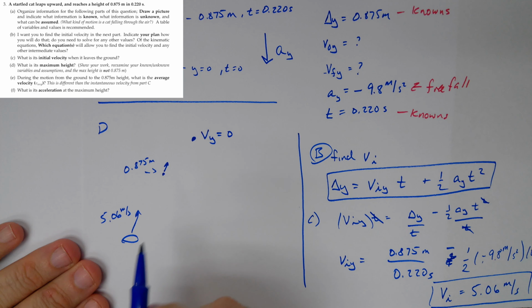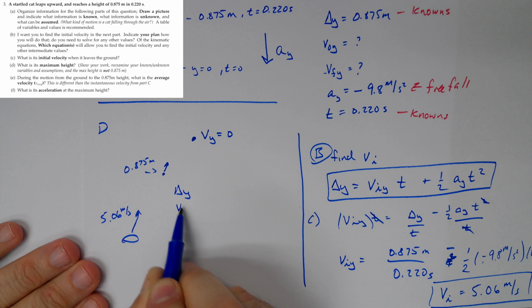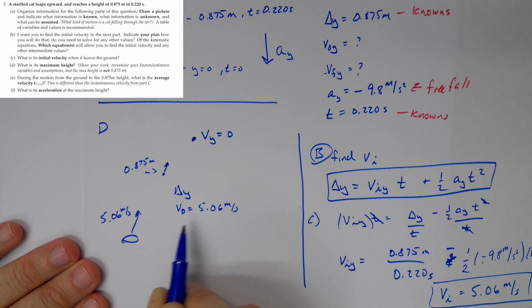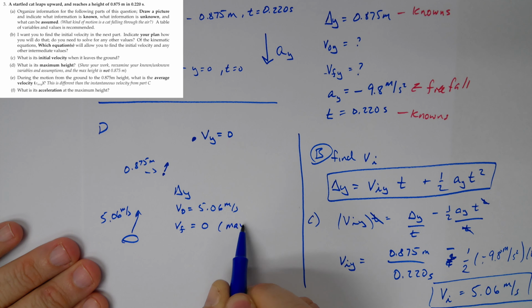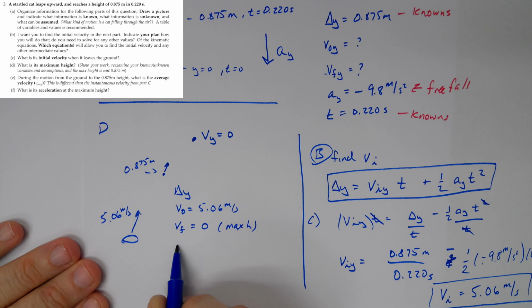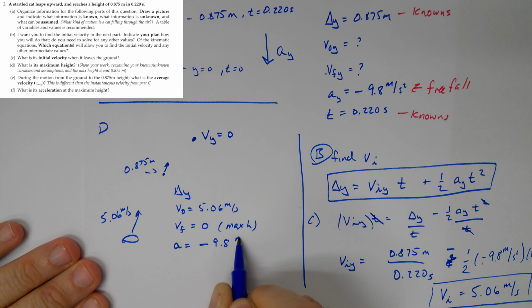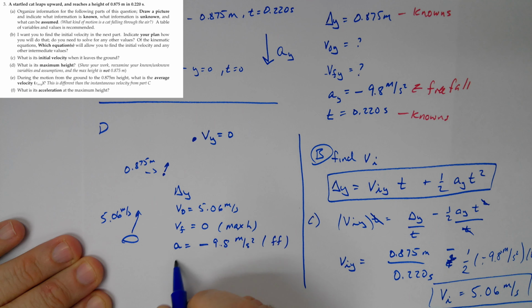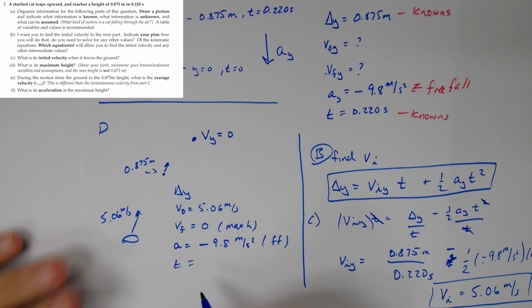So what we know here is delta y is our goal. v initial is a known, 5.06 meters per second. v final is 0 because it's max height. Our acceleration is minus 9.8 meters per second squared because it's free fall. And our time, we don't know how much the time is. And so that's our drawing, that's our assumptions.